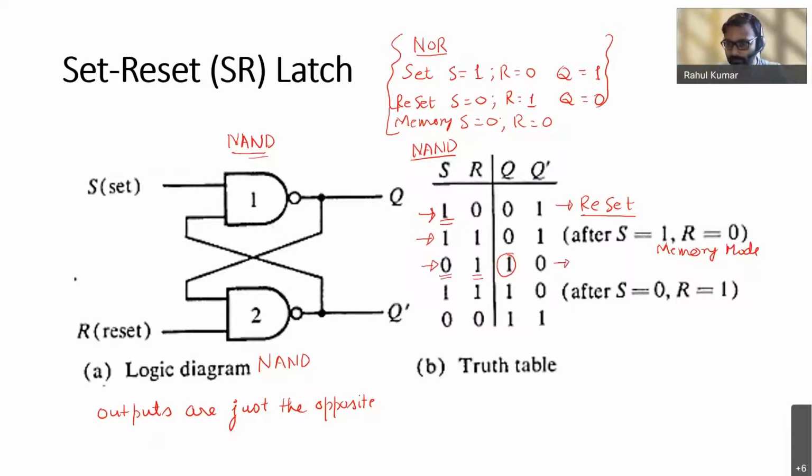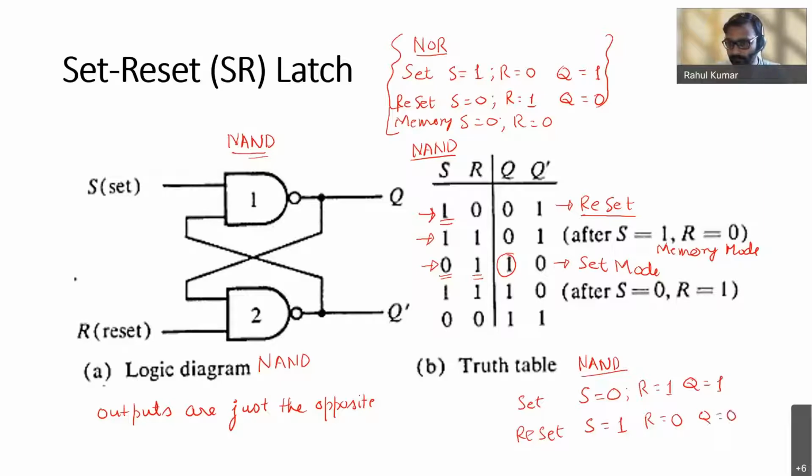So this is my set mode. And my NAND gate SR latch is getting reset when S is equal to 1 and R is equal to 0.